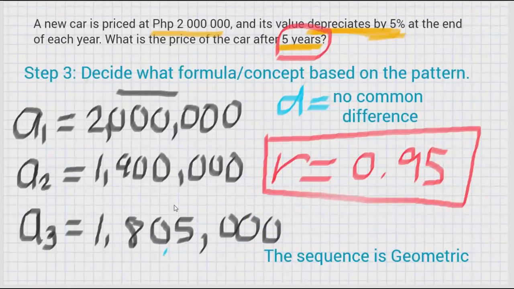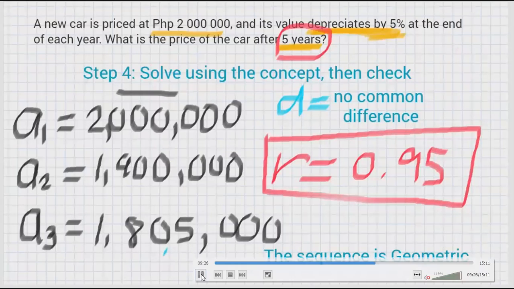What is the price of the car after 5 years? Now we can continually solve it using the method that we used a while ago when we got the second and the third. But why do we really need to use the formula of geometric sequence?